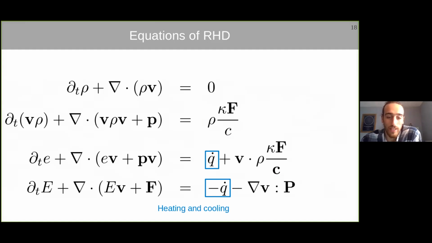When, for example, your gas gets shock heated, it will try to cool down by radiating away energy, and that's one of the effects described here with these heating and cooling source terms. These terms also depend on the gas temperature, the radiation temperature, and the opacity, again this interaction constant between the gas and the radiation.